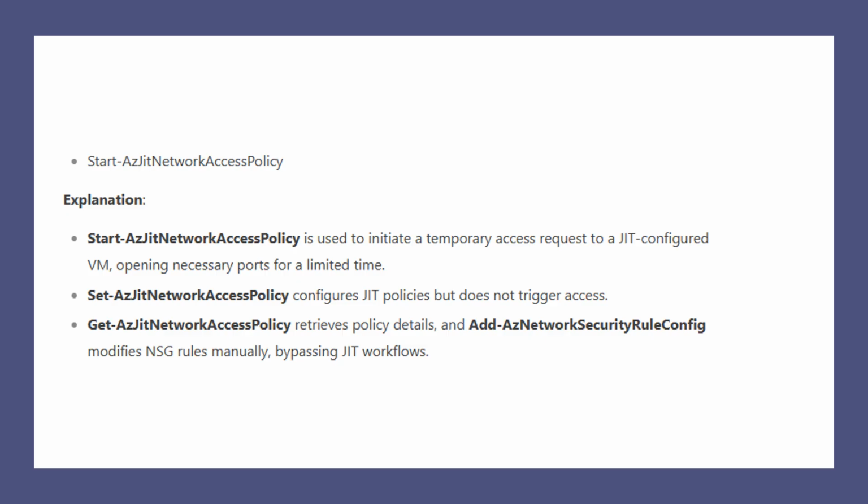The Set-AzJitNetworkAccessPolicy configures JIT policies but does not trigger access. And the Get-AzJitNetworkAccessPolicy retrieves policy details. And the Add-AzNetworkSecurityRuleConfig modifies NSG rules manually, bypassing JIT workflows.